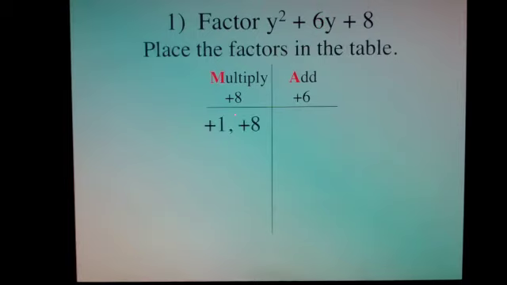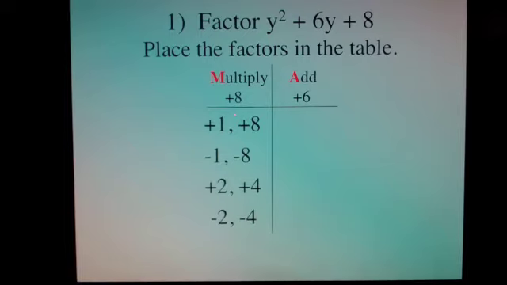So one combination that we can multiply and get 8 is 1 times 8. We can also multiply -1 times -8 and get 8. We can multiply 2 and 4 and get 8. Or we could multiply -2 and -4 and get 8. I think that pretty much exhausts it with our whole numbers.